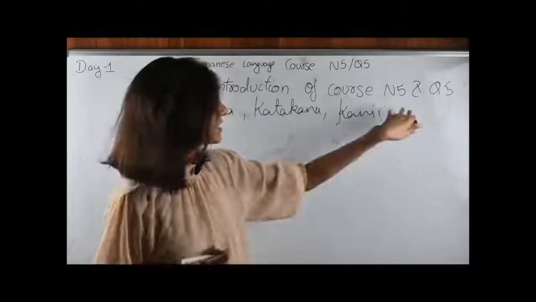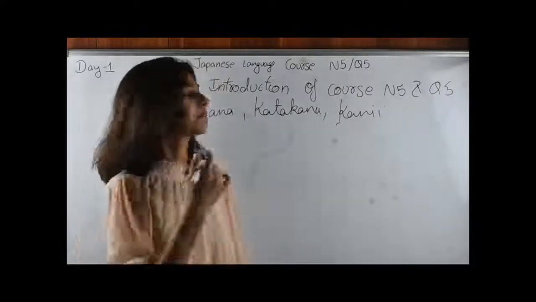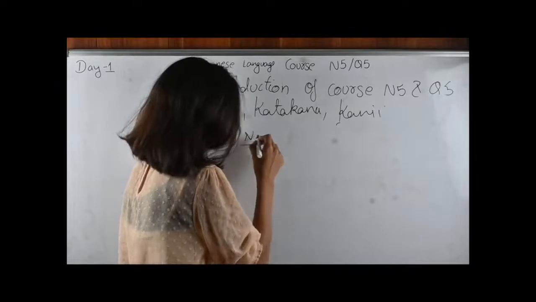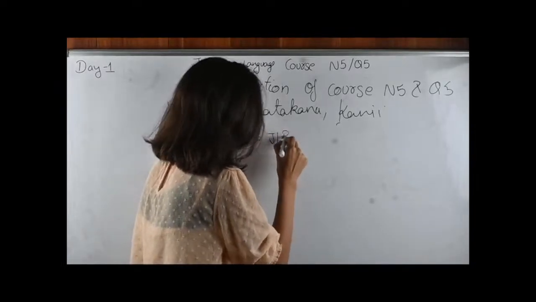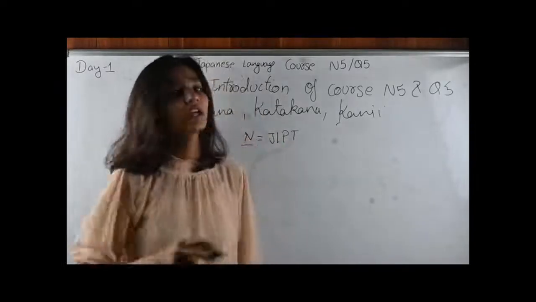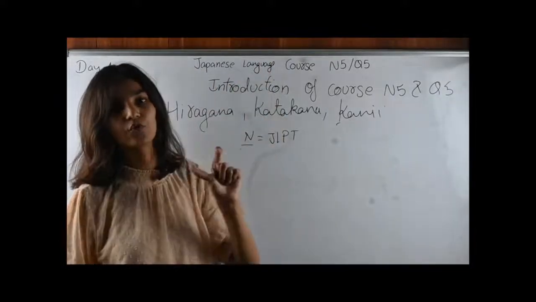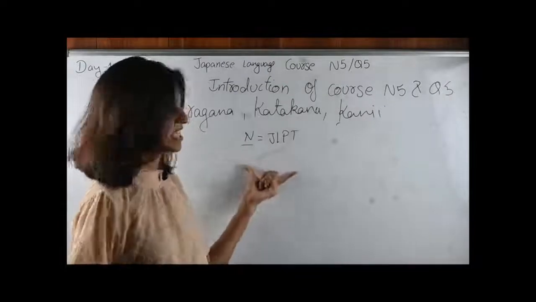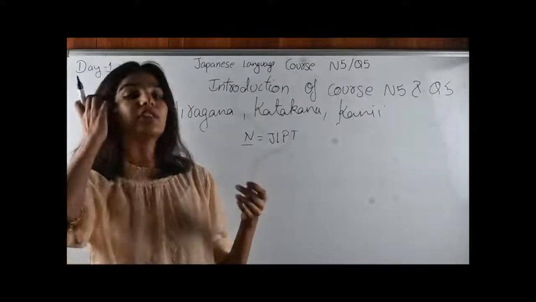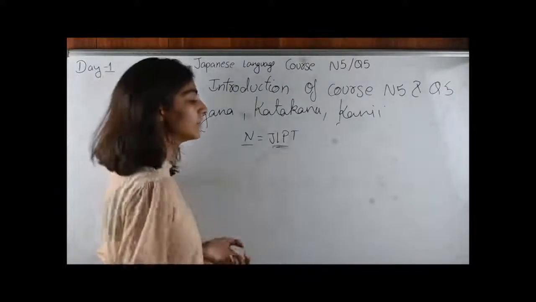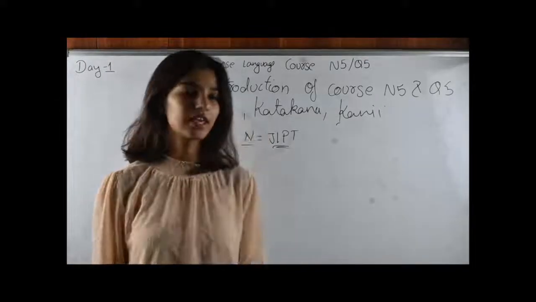Now what is N and what is Q here? N represents JLPT. If we are talking about N5, N4, N3, N2 or N1, we are talking about the JLPT exam, which is held twice a year.